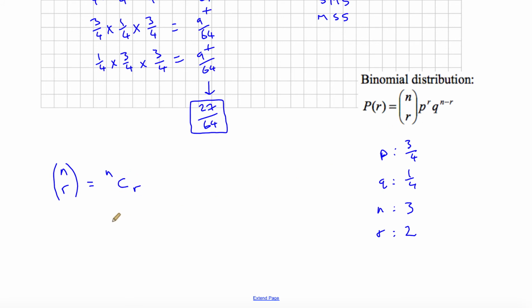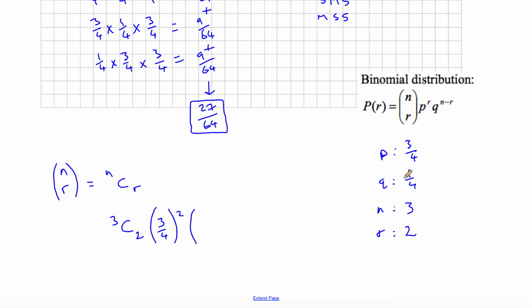So we're going to use this in place of here. So we're going to have n, the number of trials, is 3. So 3C, r, the number of successes, is 2. And then that's multiplied by p to the power of r. So p is 3/4. To the power of r, the number of successes, which is 2. And then that's multiplied by q to the power of n minus r.